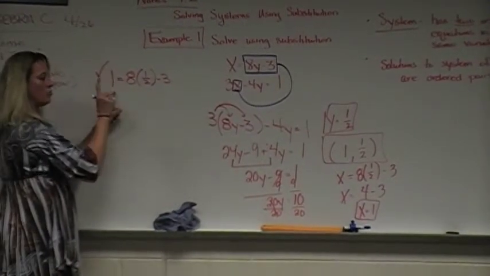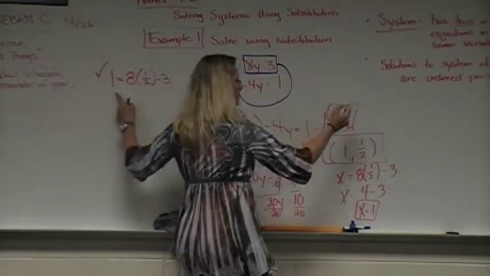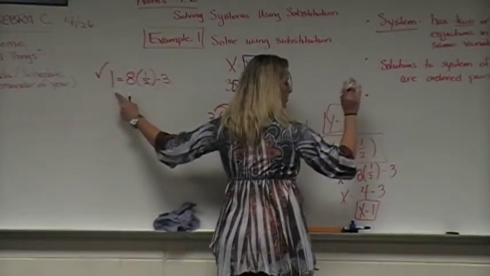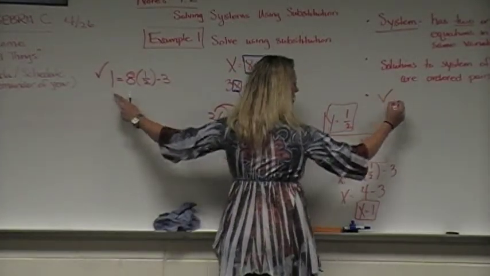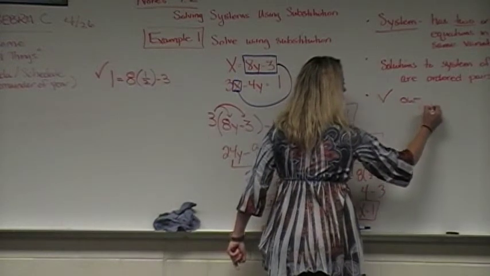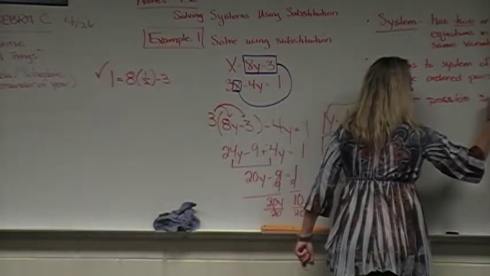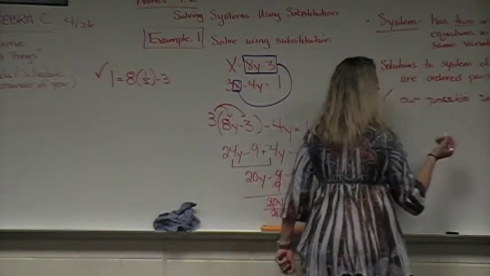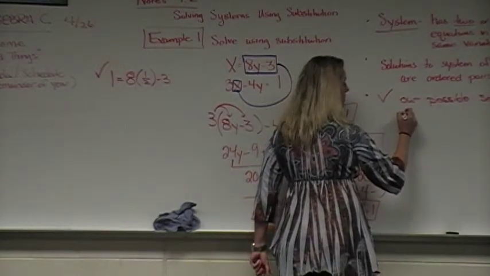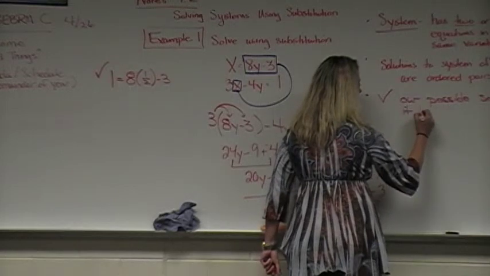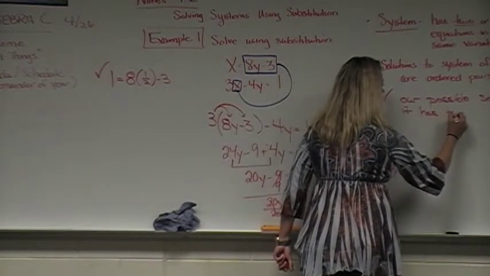And remember, our rule is, let's put this over in our bits of information over here. Remember, when we check our possible solution, it has to work for what? Both. It has to fit for both, right? It has to be true.